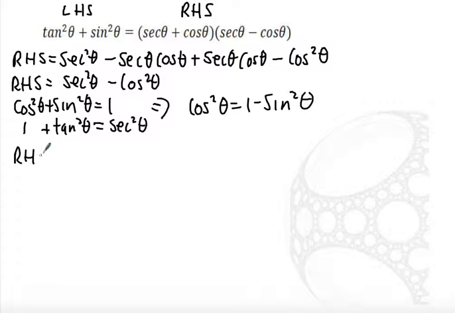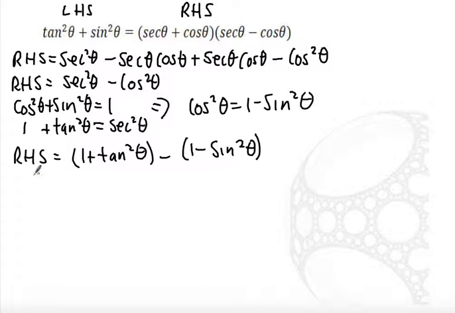The right hand side now becomes equal to 1 plus tan squared theta minus 1 minus sine squared theta. At this point we should notice that 1 minus 1 cancels out, tan squared is left on its own, and then I get minus minus sine squared theta, so I get plus sine squared theta.